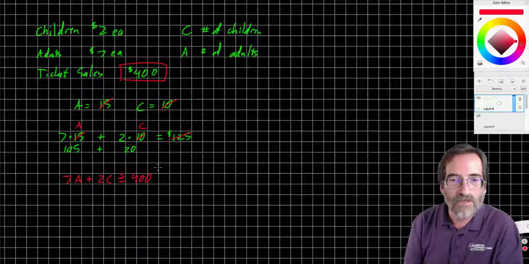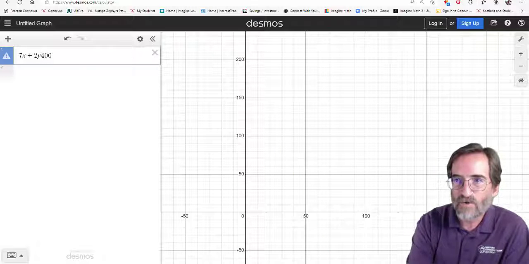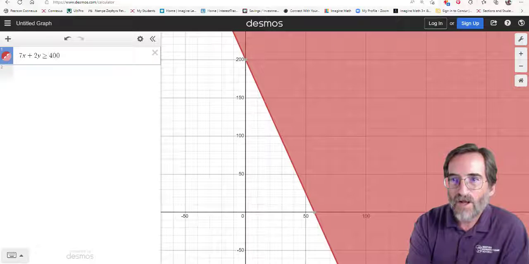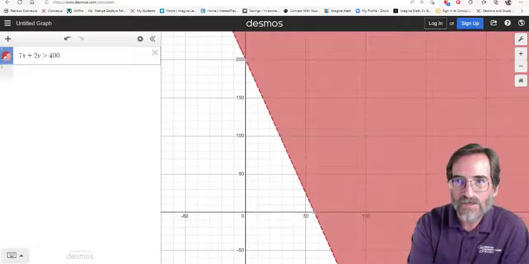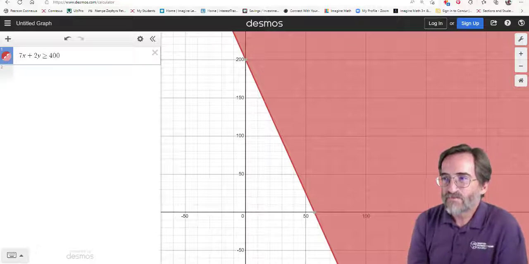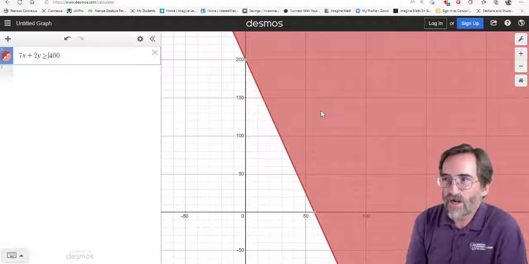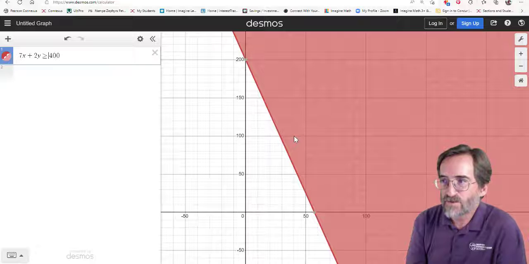Let me show you what Desmos does with that here. So I'm going to change the equal sign to a greater than or equal to. Now I typed greater than and then typed equals, and it put the equals for me. And what that tells me is any option that is in the shaded area now becomes a solution to this system.